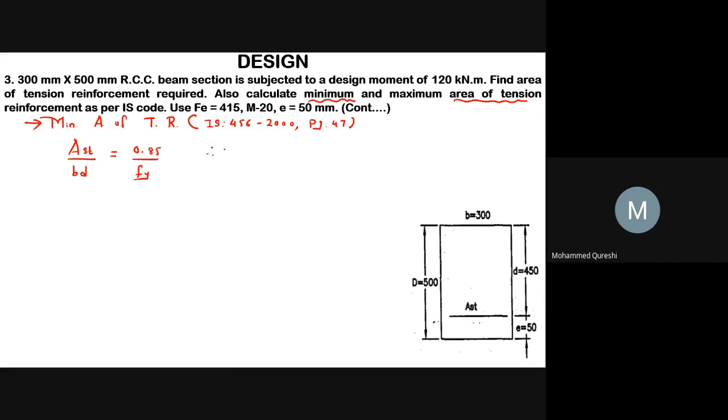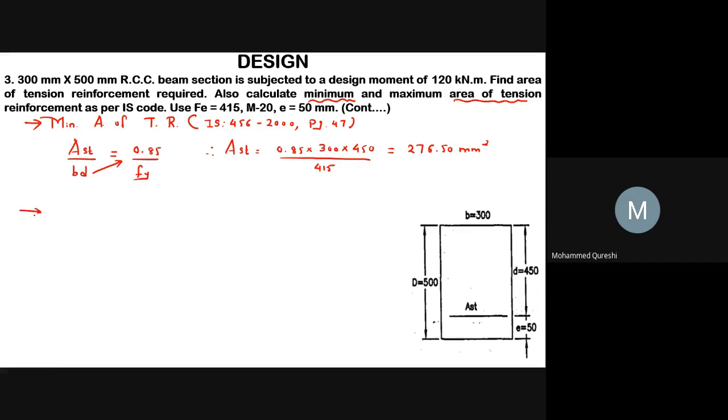So capital Ast equals 0.85 into, after cross multiplication, b is given as 300 and d is 450, upon characteristic strength of steel Fy, given as 415. So you will get capital Ast equals 276.50 mm square.